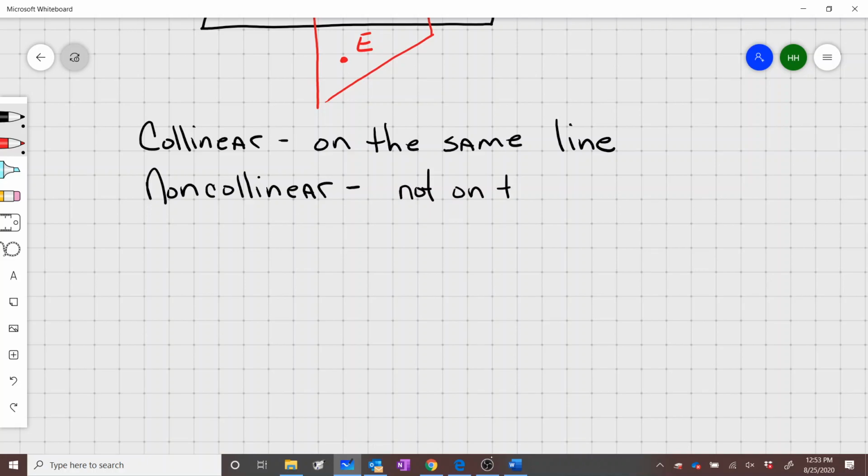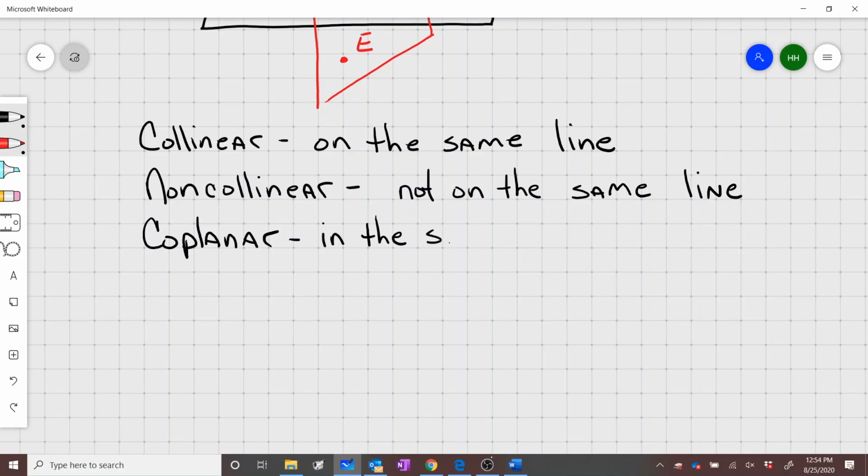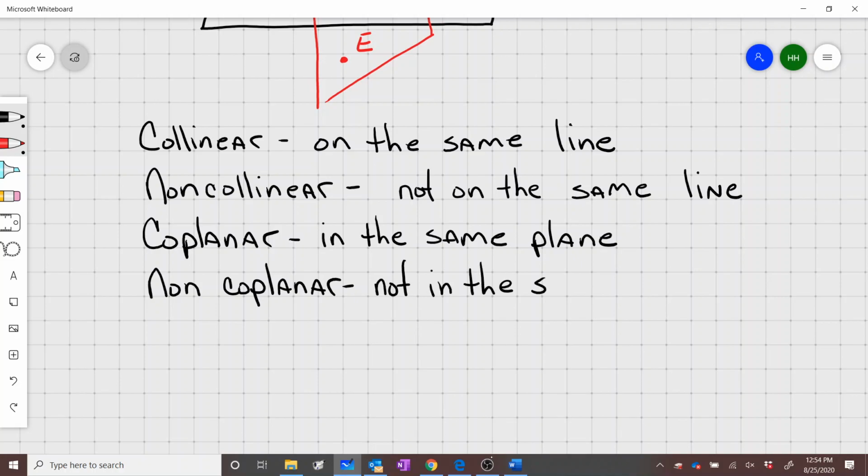Not on the same line. We have the term coplanar. That's in the same plane. And then we've got non-coplanar. And that's not in the same plane.